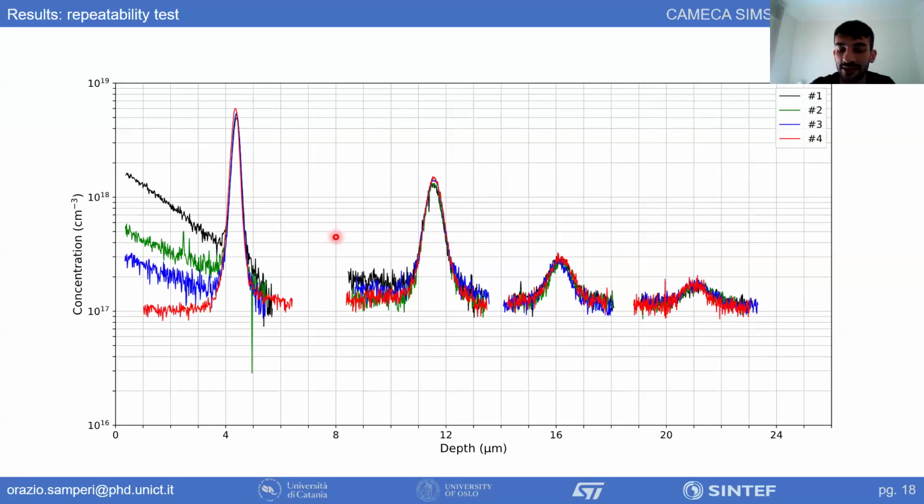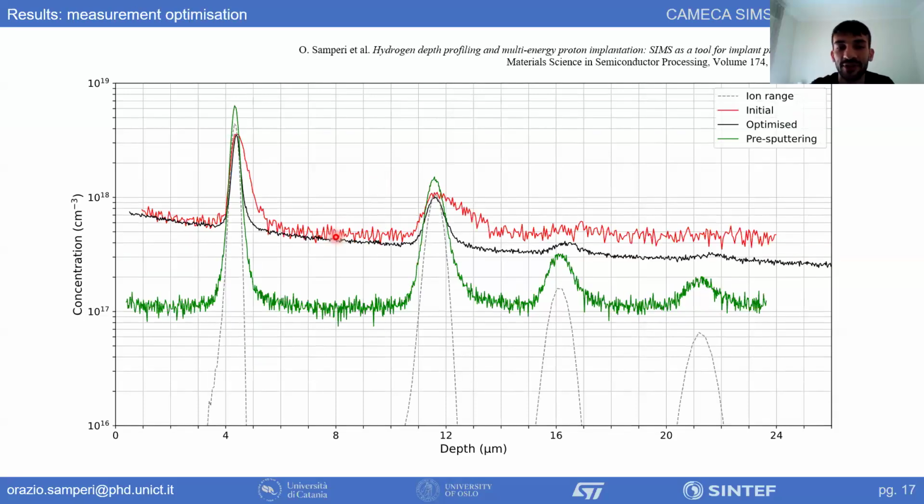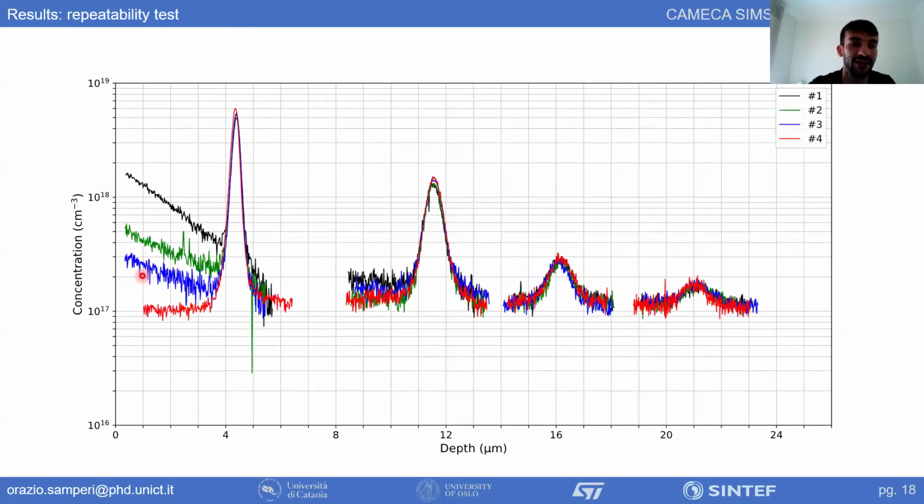And of course, after the optimization, I did a lot of measurements to test the repeatability of this measurement. And in this graph, for example, you can see the single implants. As I said before, it's 400, 800, 1000, and 1200 kV implants.